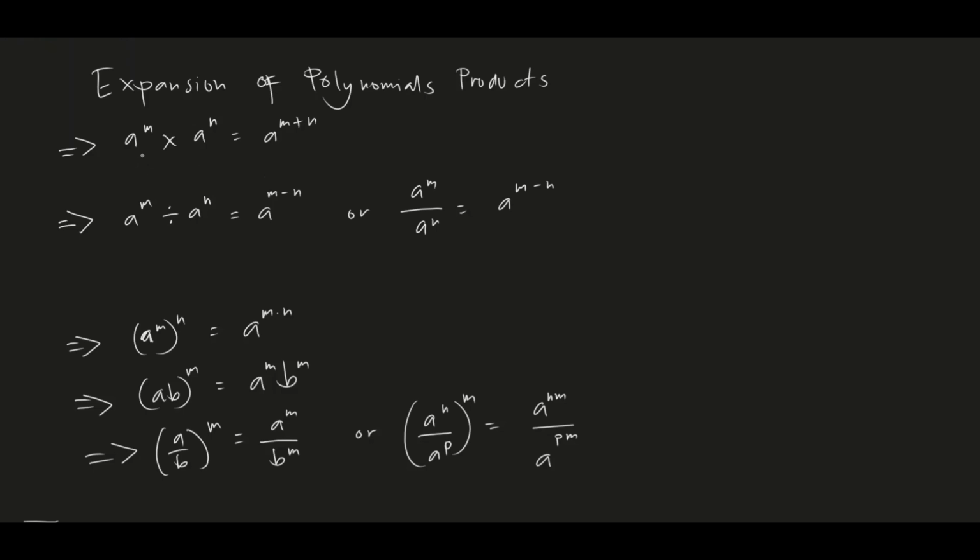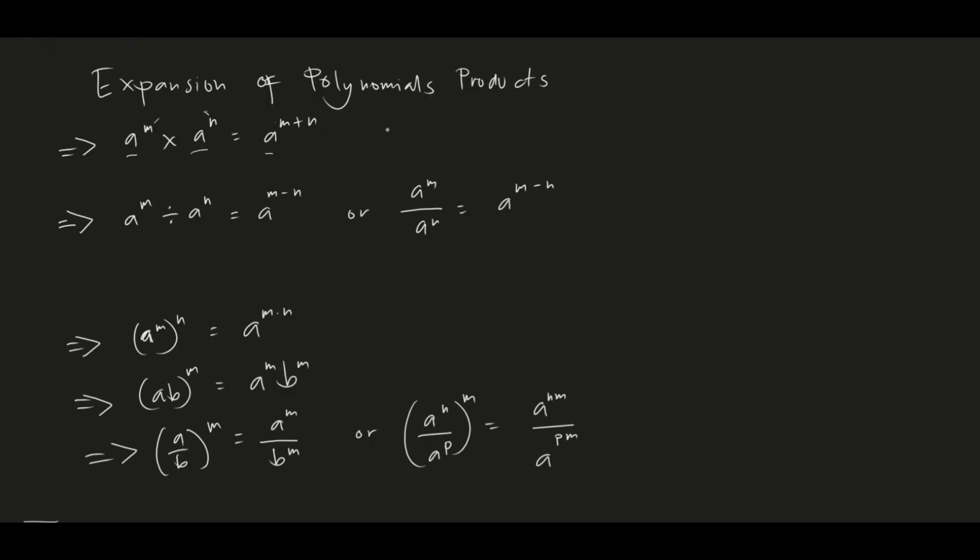It's either a variable or maybe a number. So if you multiply those same bases with different integers, the result will become the base raised to the integer of this one plus the integer of the other one.